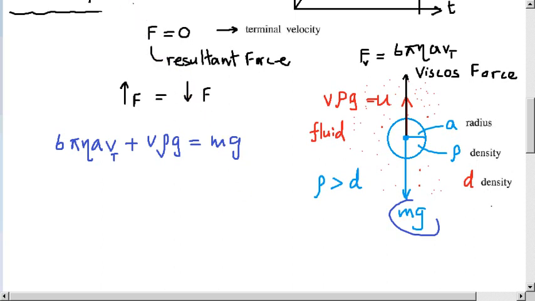So now let us simplify this after substituting whatever possible. What is the volume? The volume of a sphere equals 4 divided by 3 π a cubed.